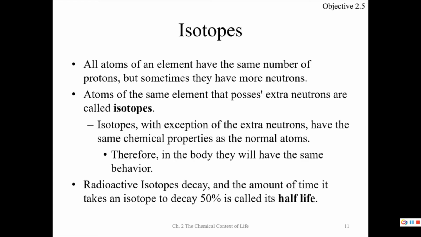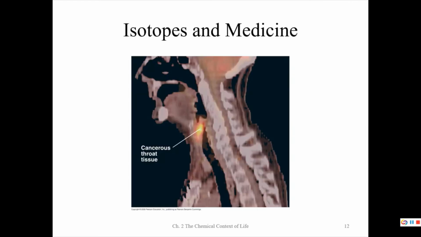Decay of 50% is called a half-life, and we talk about that. These are for unstable radioactive isotopes. Now, they can be used to treat cancerous tissues. Like in thyroid cancer, you might use radioactive iodine to treat thyroid cancer.